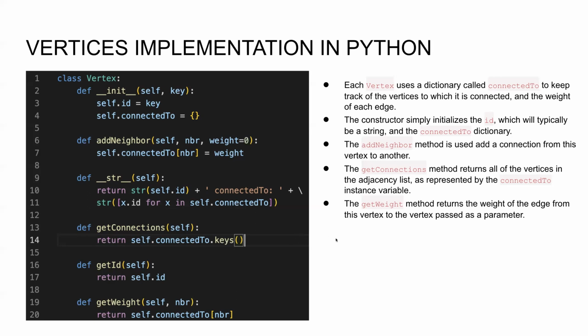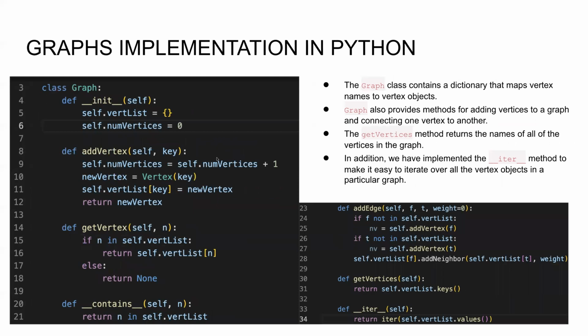It's one way. You can obviously implement it another way. So the graph is a collection of edges and vertices. The vertex list is another dictionary, and the number of vertices is kept as a separate property here. If you want to add a vertex, you just give it a key, increment the number of vertices by 1, create a new vertex object with the key, and add that to the vertex list dictionary.